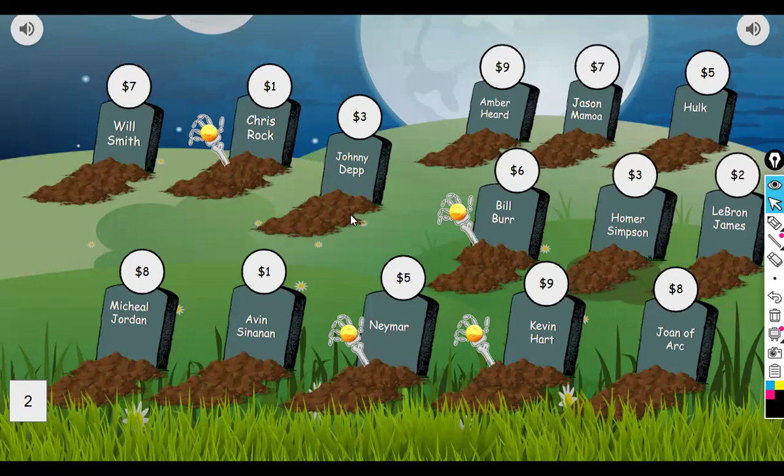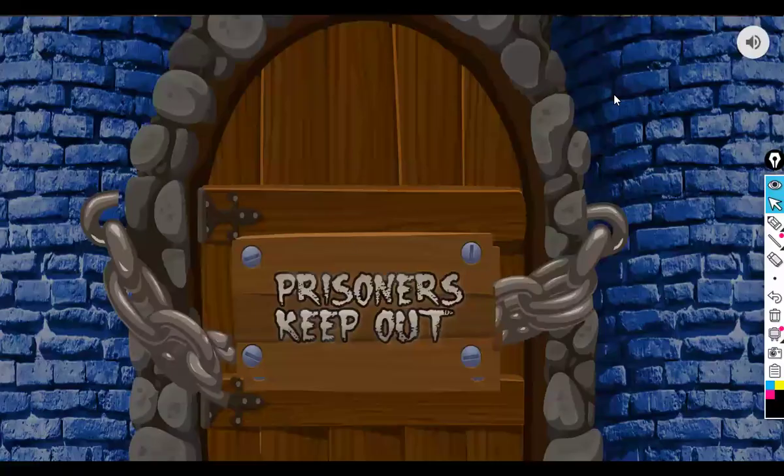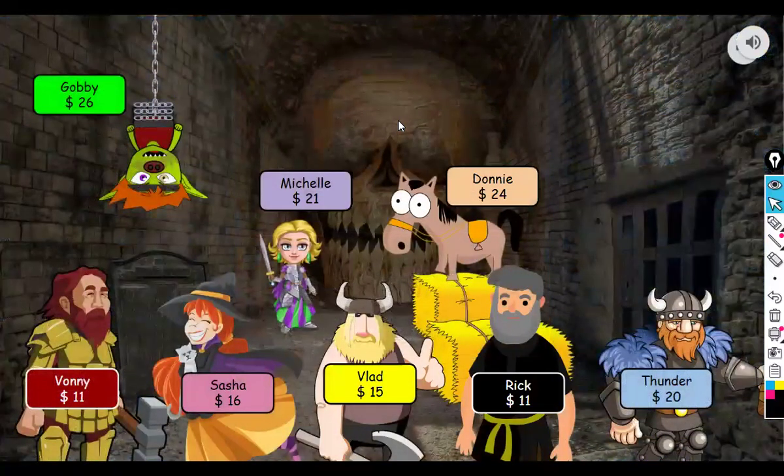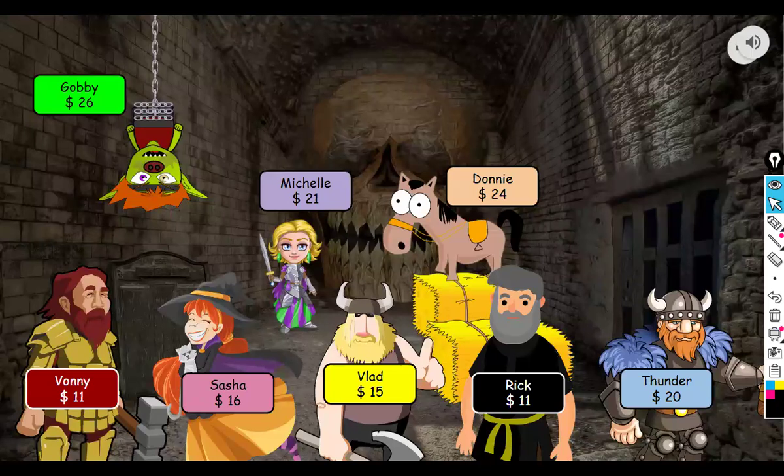All right, let's go to the dungeon and rescue some of those prisoners. Tell me who you're going to rescue, pay your money, get them out of that dungeon. Somebody said they're keeping all the money. They have no intention of rescuing.